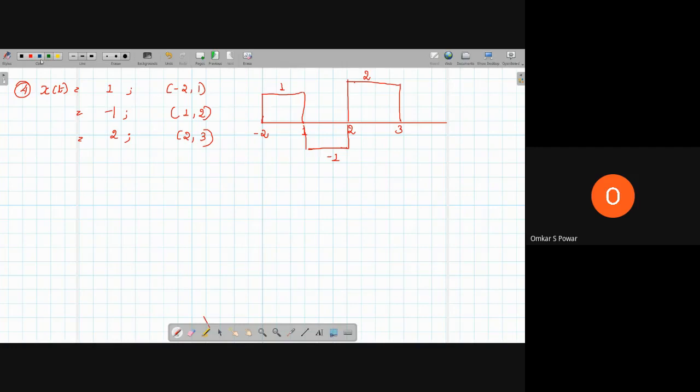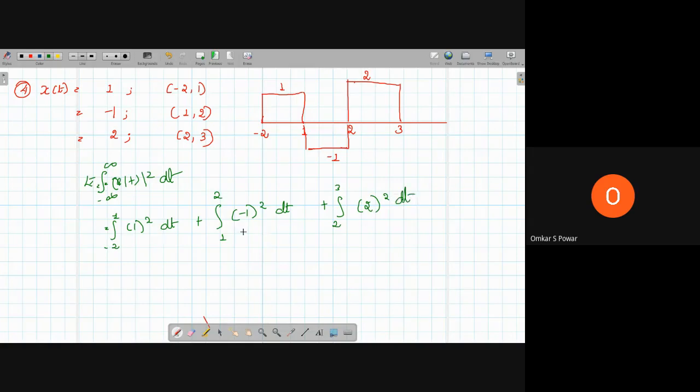Okay. Now, what's the formula for energy? Energy is equal to the integral from minus infinity to infinity of mod x of t the whole square dt. Now, solve this. Integral -2 to 1 of 1 square dt plus integral 1 to 2 of minus 1 square dt plus integral 2 to 3 of 2 square dt.